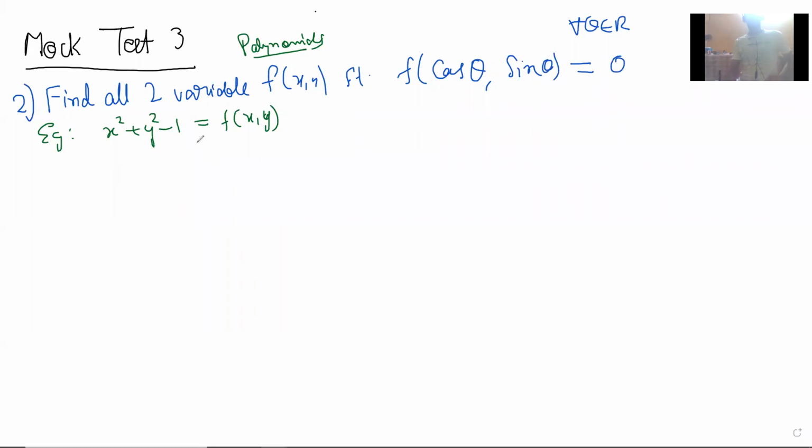So this is true. That implies that f of sine theta, since it's true for all theta, that's a good thing, right? Since it's true for all theta, you can put pi by 2 minus theta and get that this must also be true.